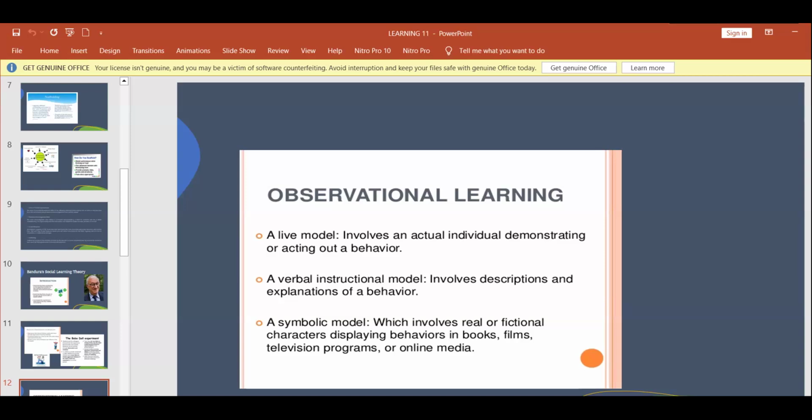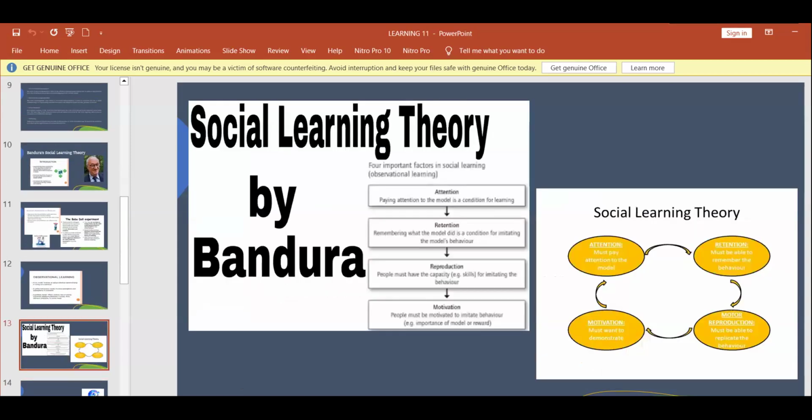So according to Bandura, if you want to apply this observational learning in the institution or the school context, you have to make sure these types of models are available in the school, right? But according to Albert Bandura, just because we observe something, it doesn't mean that we all learn it.